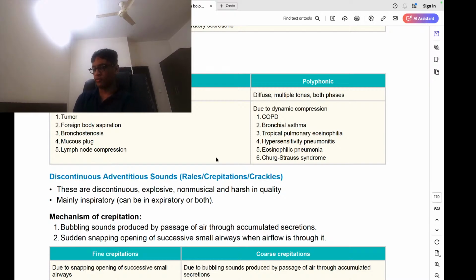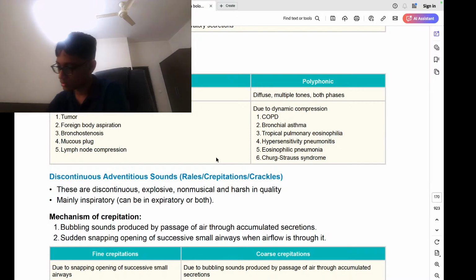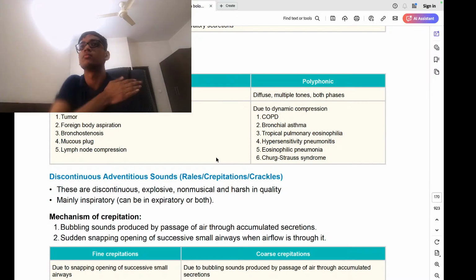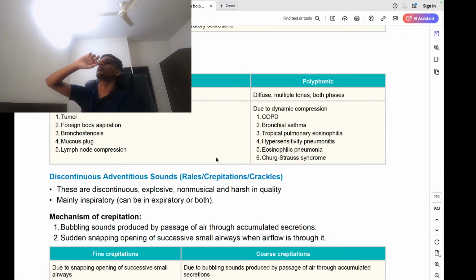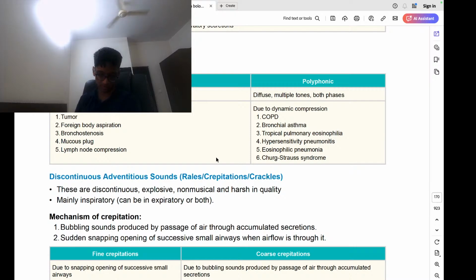Churg-Strauss syndrome is, one second, I believe it is lungs. So liver, because in the liver we will be having those connections, no? If there is any obstruction in those connections between the liver and inferior vena cava, maybe just a second, I'll just look it up.